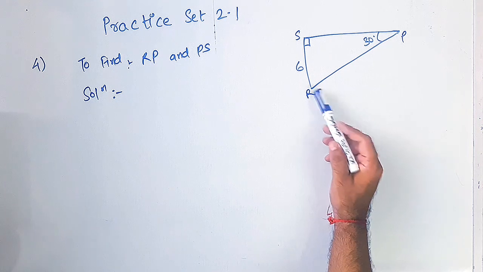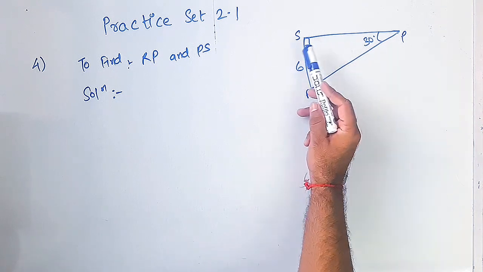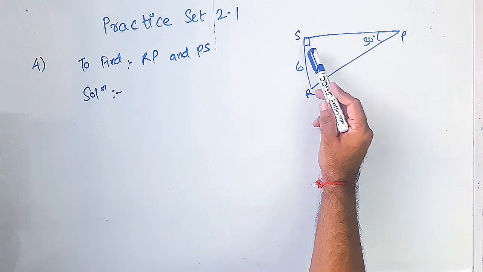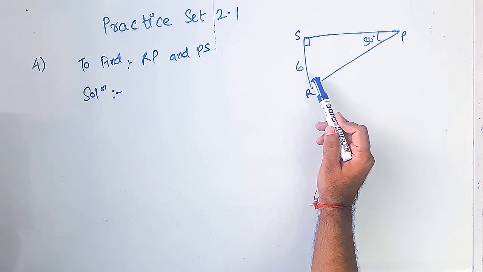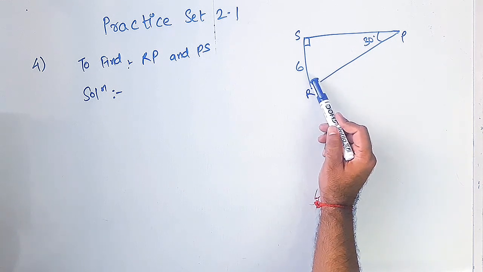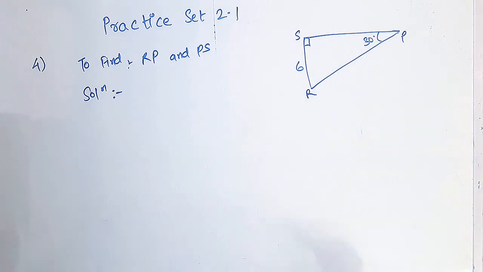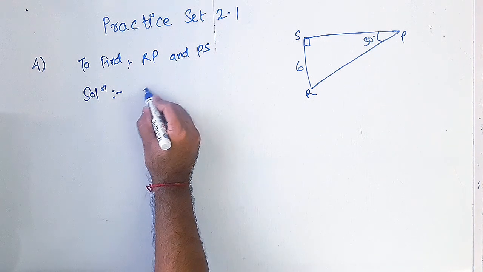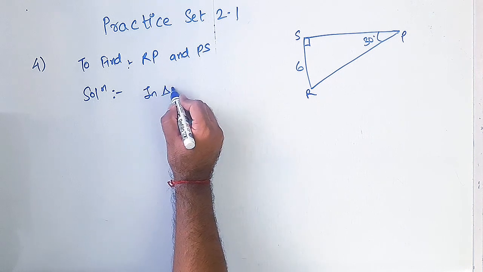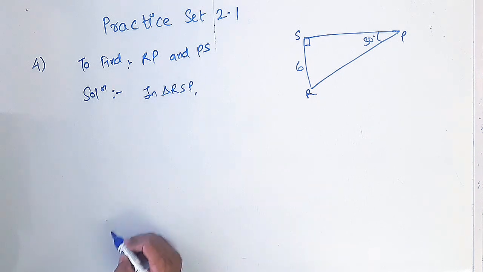And side opposite to 60 degree, if this is 90, if this is 30, this will be 60. So side opposite to 60 degree will be how much? Root 3 upon 2 times the hypotenuse. So we'll start in triangle RSP.